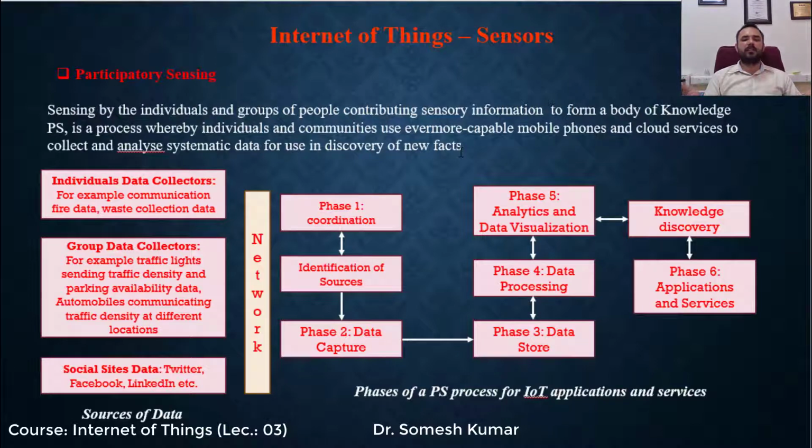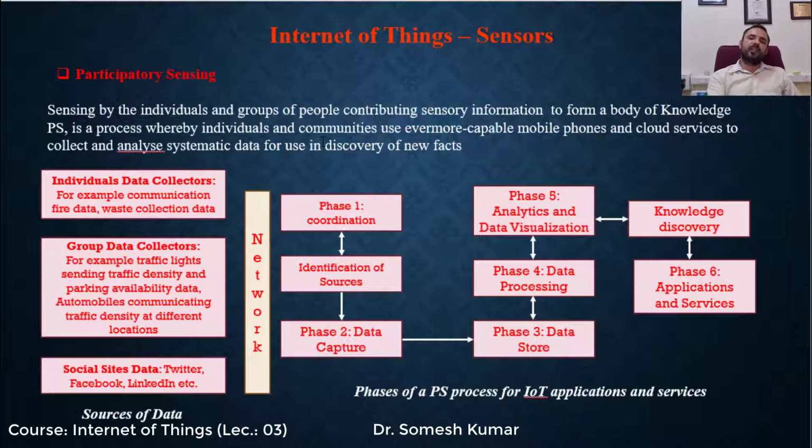It is the combination of the output of single sensors or a group of sensors, and combined they give one particular piece of information, also called the body of knowledge. Participatory sensing is a process where individuals and communities use everyday mobile phones and cloud services to collect and analyze systematic data for use in the discovery of new facts. It is a collection of data by individual sensors, individuals, or groups of sensors or groups of people.